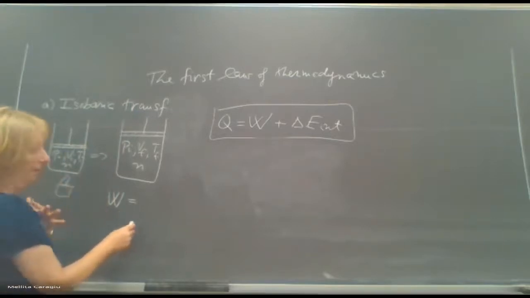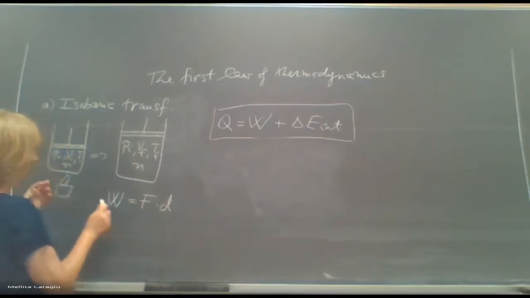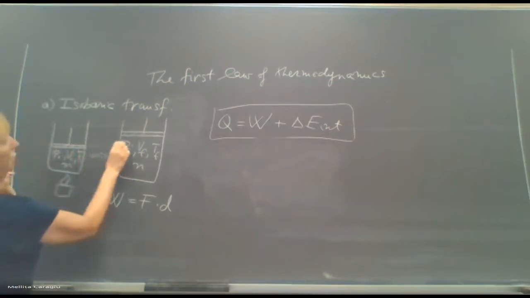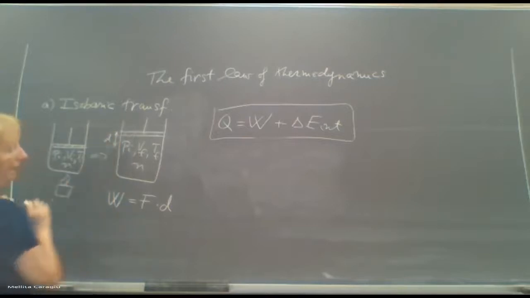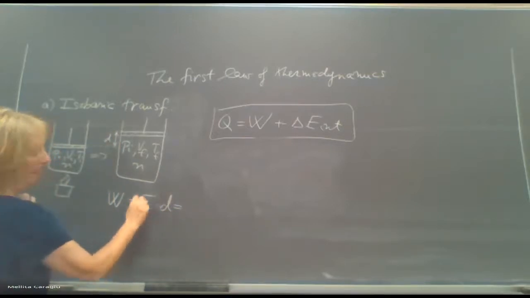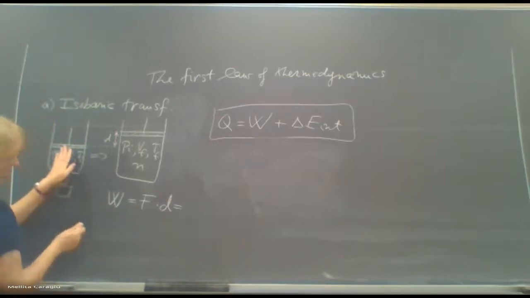So let's remind ourselves, work is force times displacement. Which force? The force that the gas acts upon the piston. It pushes the piston up, therefore this is the displacement. How am I going to calculate the force that the gas acts upon the piston?